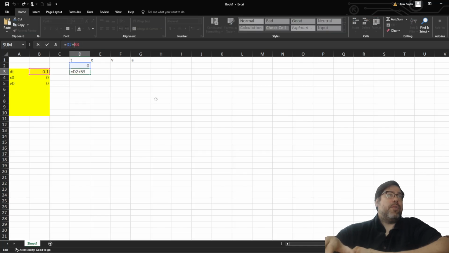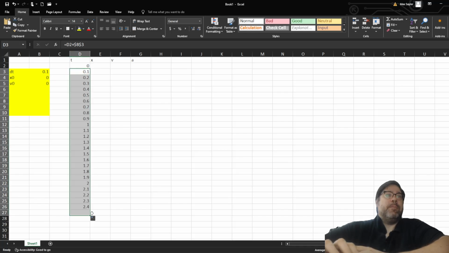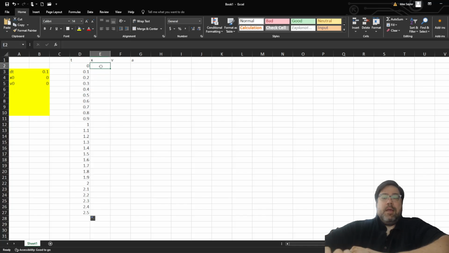I need to do one more thing, and that is in Excel, you use the $ to make sure that it doesn't move down when you copy it. So this next cell is going to be the previous cell plus this number, not this number, right? So we want to make sure it doesn't move down, and you do that using the $. And then we can just copy a bunch of those columns. x0 is just going to be x0, v0 is just going to be equal to v0.